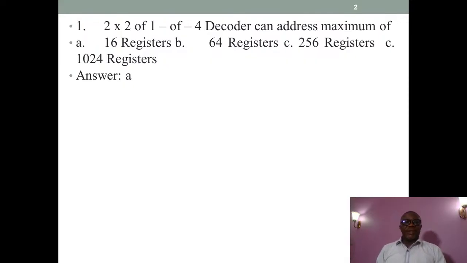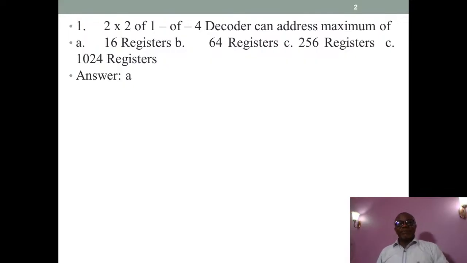A0, A1 can be 0, 1. It selects another one. A0, A1 can be 1, 0. It selects another one. A0, A1 can be 1, 1. It selects another one.